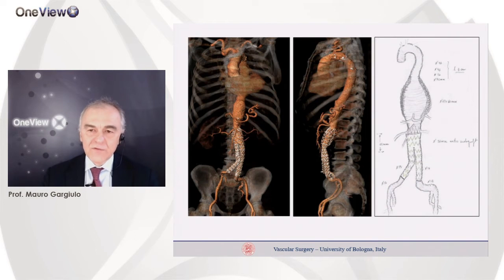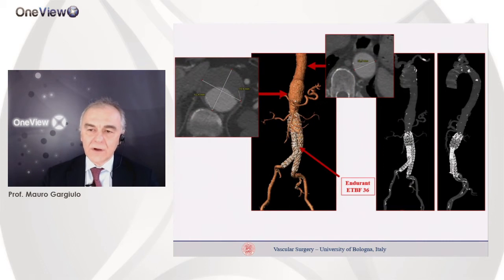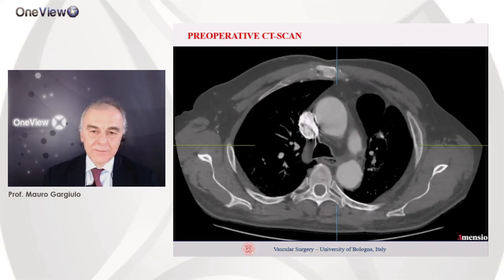In this patient, at follow-up, we identified an aneurysm above the endograft, with a diameter of about 62 millimeters, and the aneurysm involved the origin of the celiac trunk. You can see here the CT, and you can see exactly the location of the Endurant that was deployed in the juxtarenal position.